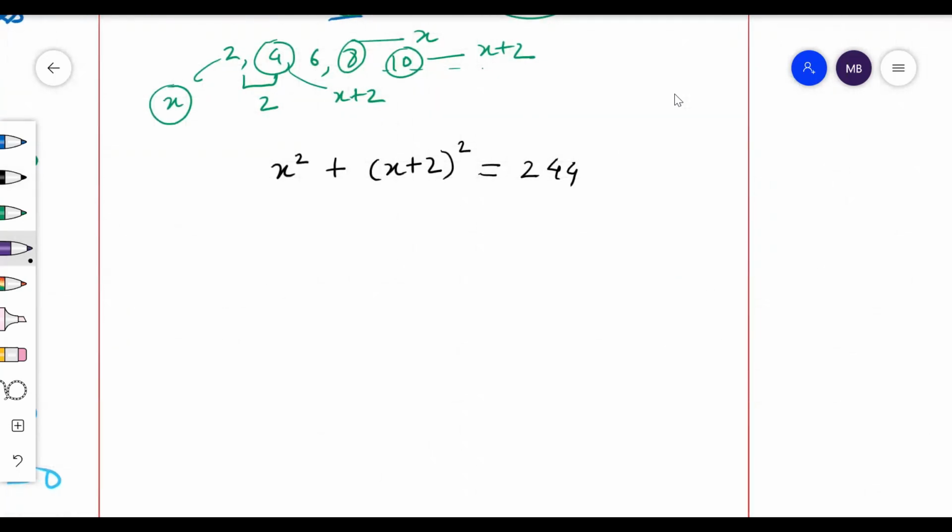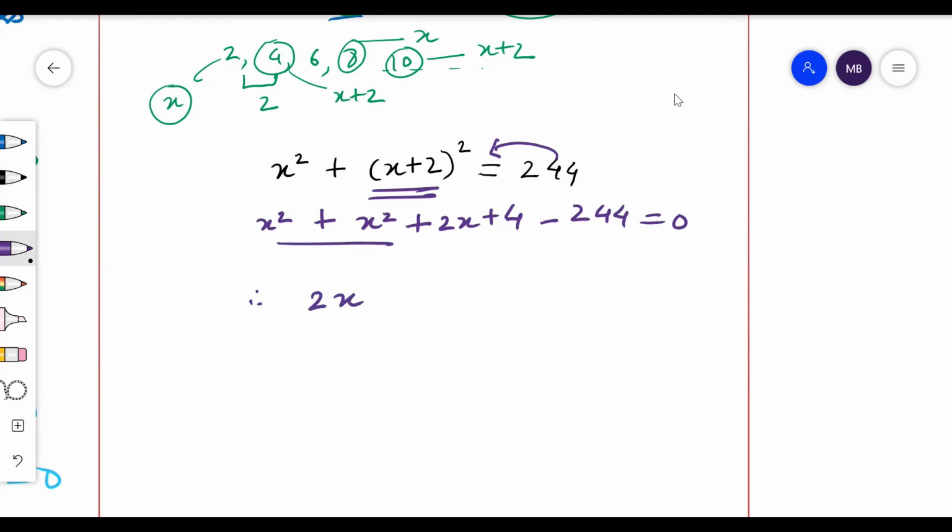Now let us solve this. X square plus, we need to expand this using the identity, x square plus 2x plus 4. I'll take this over here, minus 244 equal to 0. So therefore x square plus x square, 2x square plus 2x, 4 minus 244 will be minus 240 equal to 0.